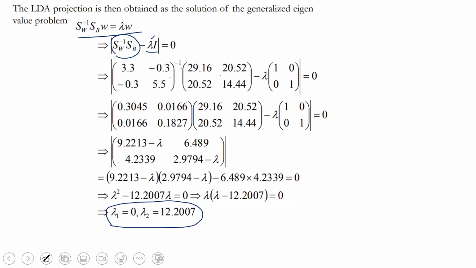To maximize W, do we need to take the highest eigenvalue or the lowest eigenvalue? What do we have to do as the next step? Do we need to arrange the eigenvalues in descending order, or to get the highest value for W, do we need to take the lowest value of lambda?